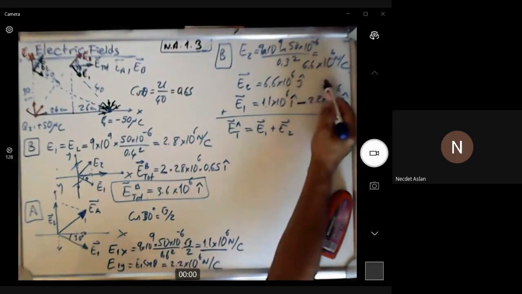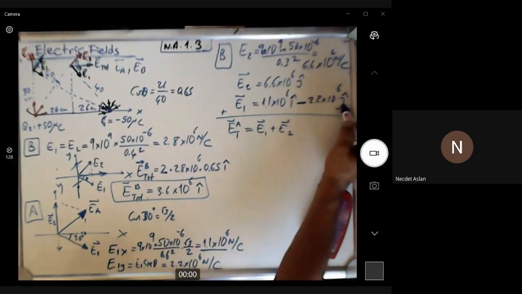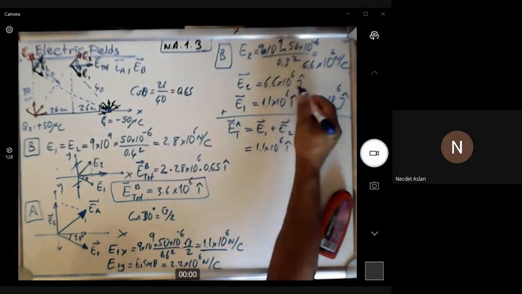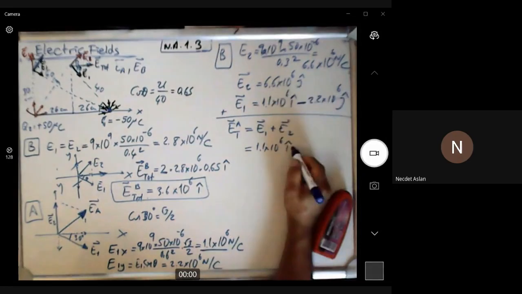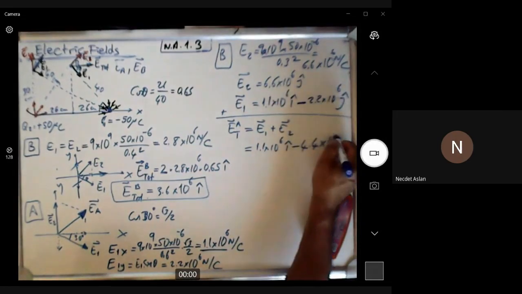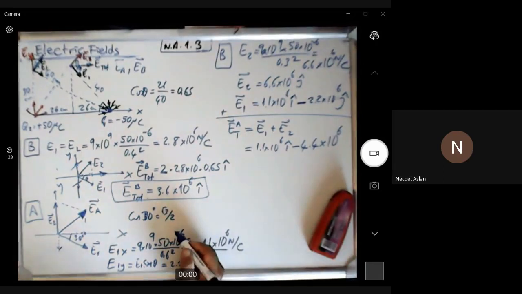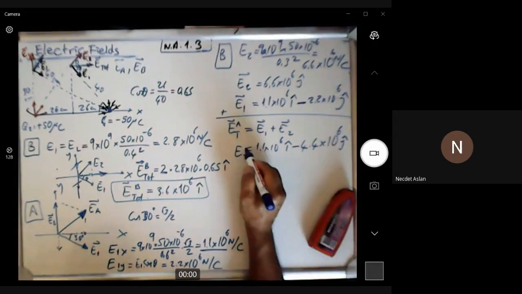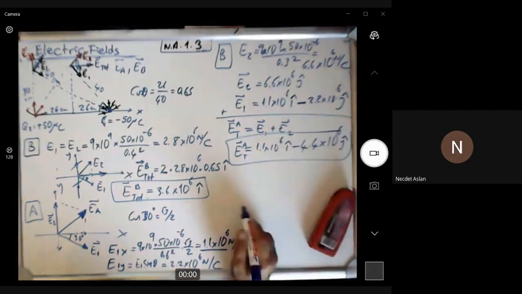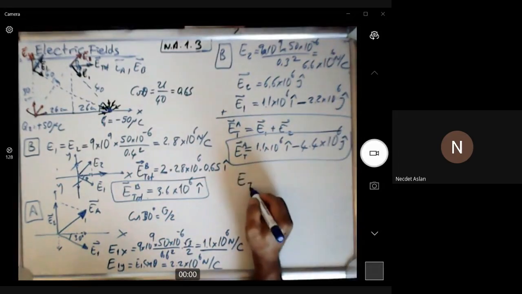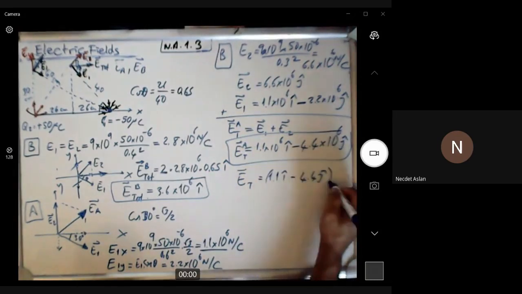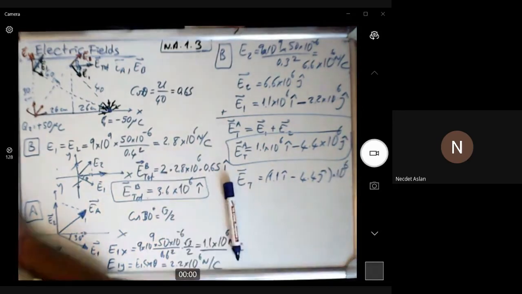The first one has no x component, but the second one has both x and y components, so the result will be 1.1 times 10 to the 6 I. Now the subtraction of 2.2 from 6.6 gives you 4.4, so 4.4 times 10 to the 6 J. This is the resulting vector at point A. This can also be written as E total equal to 1.1 I plus 4.4 J, everything multiplied by 10 to the 6.